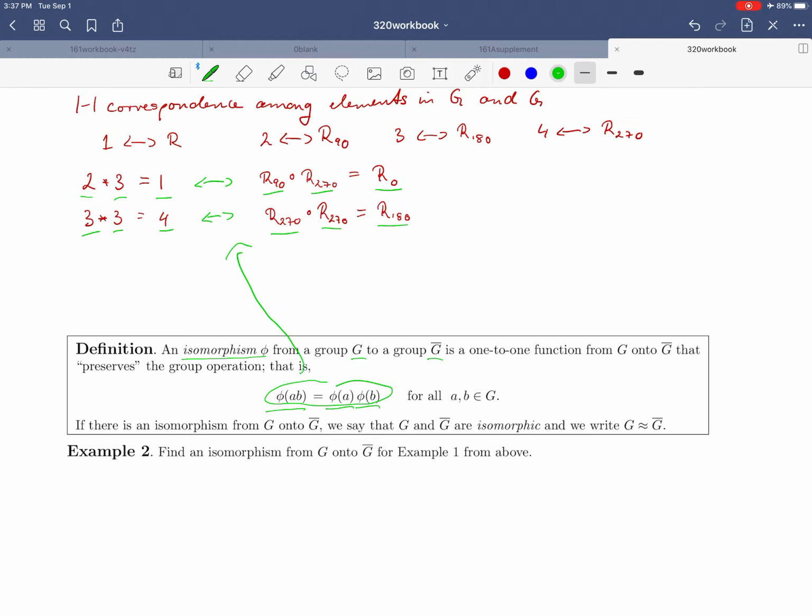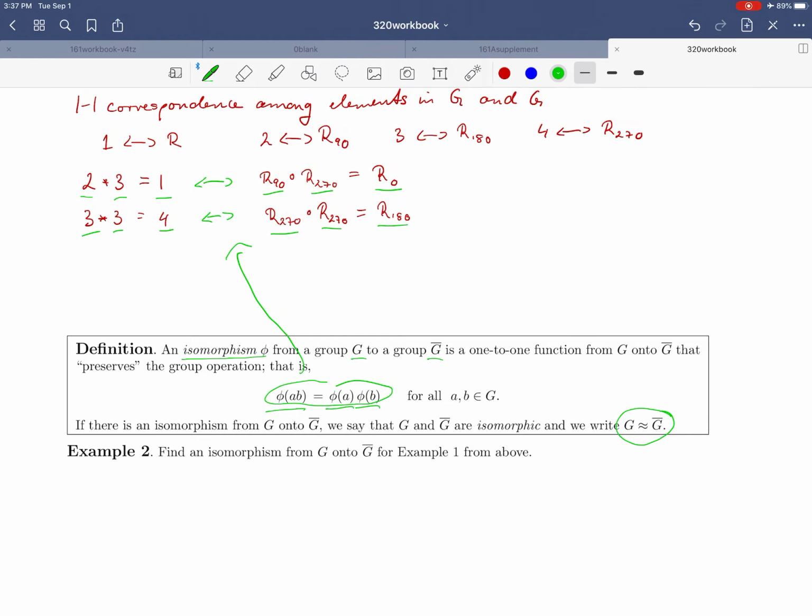If we have this one-to-one and onto function from G to G bar, then we say that those 2 groups are isomorphic. We use this notation, G with a twiddly equal sign, G bar, which means is isomorphic to.